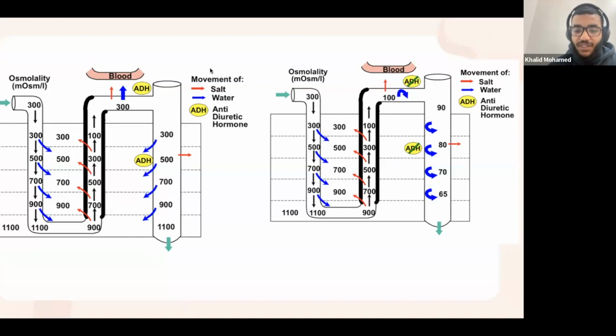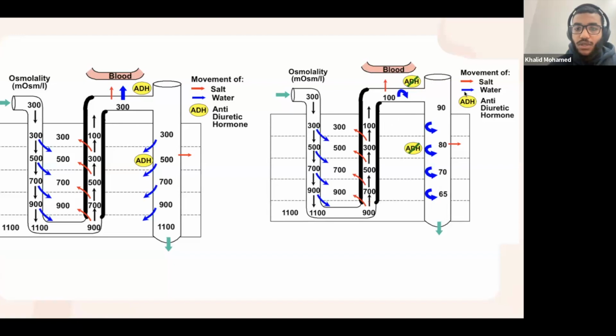However, if you don't have ADH, like in the case in this question, the water cannot leave, okay? So here there will be no reabsorption of water, and this is the first place in which the osmolarity inside the tubular fluid will not equal the osmolarity outside here because water is not able to be absorbed.